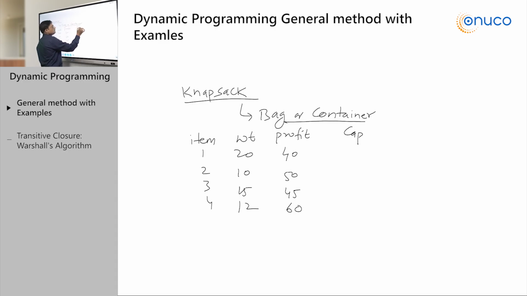So in a program, we have to define the capacity of the knapsack. That is very, very important. Say, for example, the capacity of the knapsack is already defined, in this case say it is 35. Then you have to select the items such that we have maximum profit in the given capacity of 35.